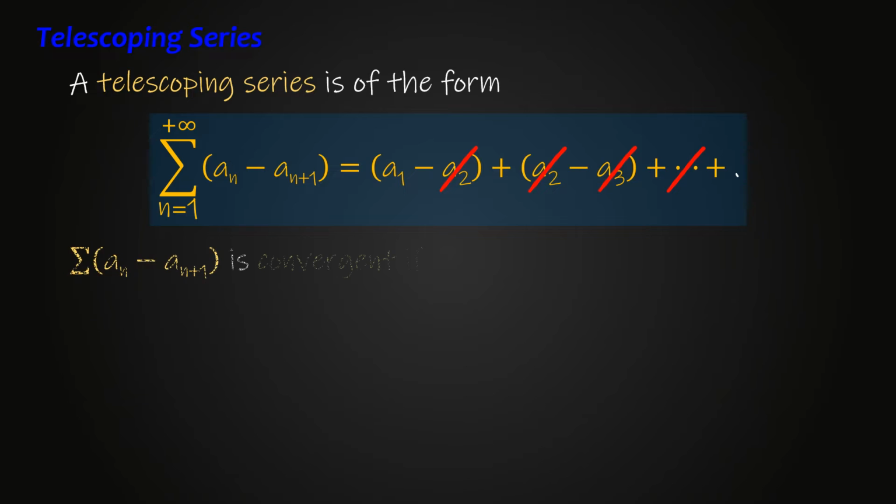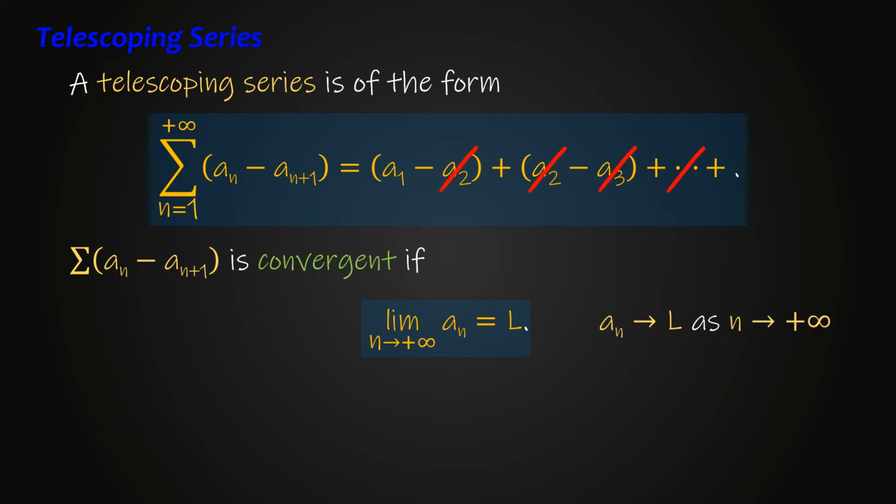A telescoping series is convergent if the terms converge to a number L, that is, the terms of the series become closer and closer to L. The sum of the series is equal to the first term minus the limit of the terms.